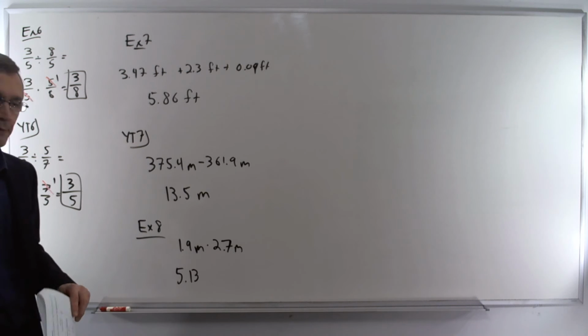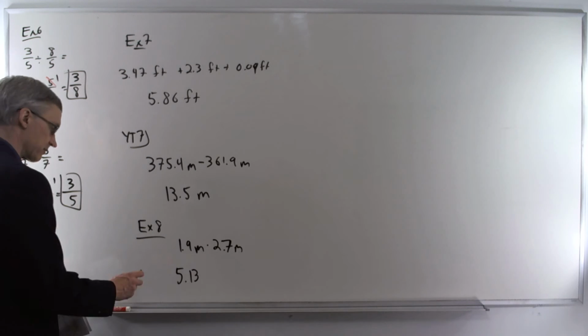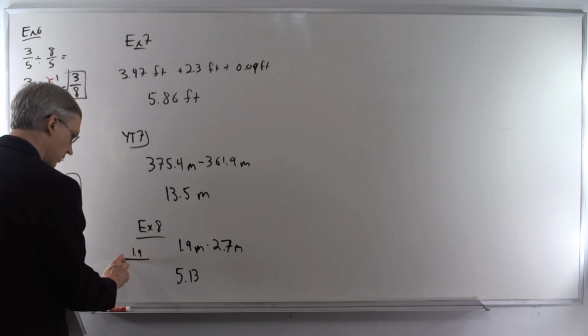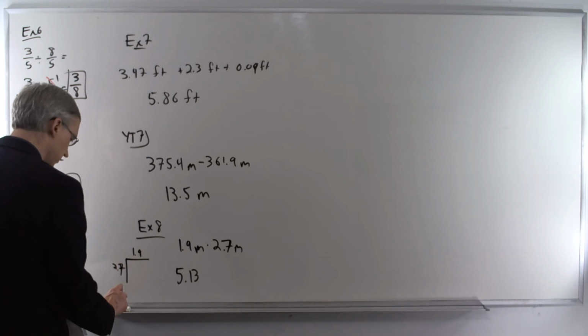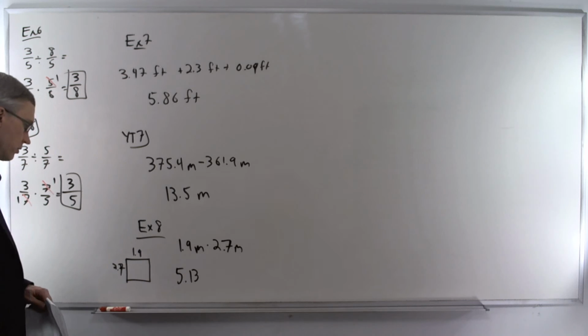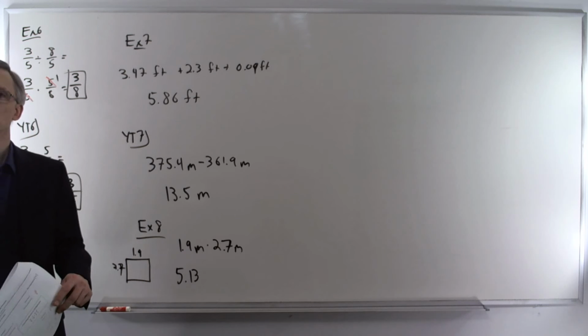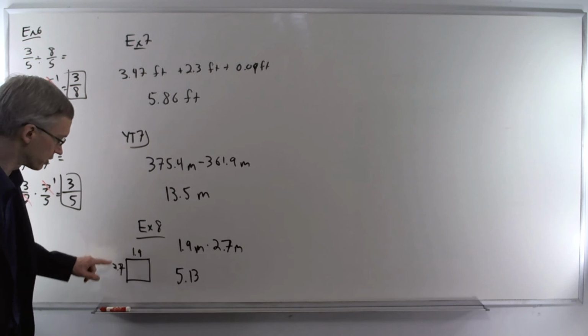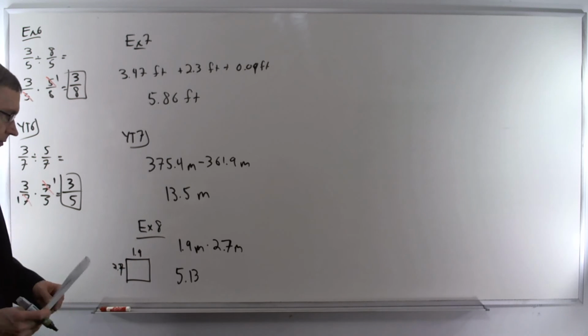Now to see what the units become, let's think of this as being lengths. So I got 1.9 meters here and 2.7 meters here. If we multiply them out, we go from 1 dimension where we have length to 2 dimensions where we have area.